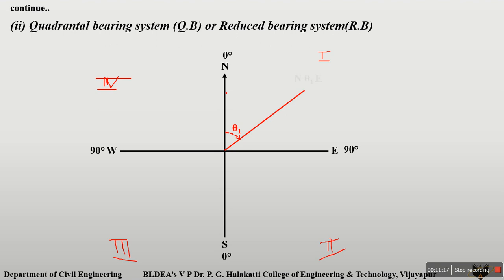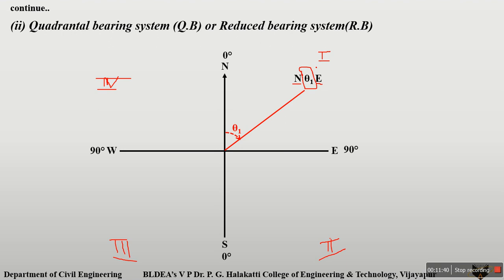Clear? Also, for the rating of this theta 1, we have to mention it with respect to direction, that is N theta 1 E, the east side. Then you come to know that whatever the theta 1 value is, it is in the first quadrant.